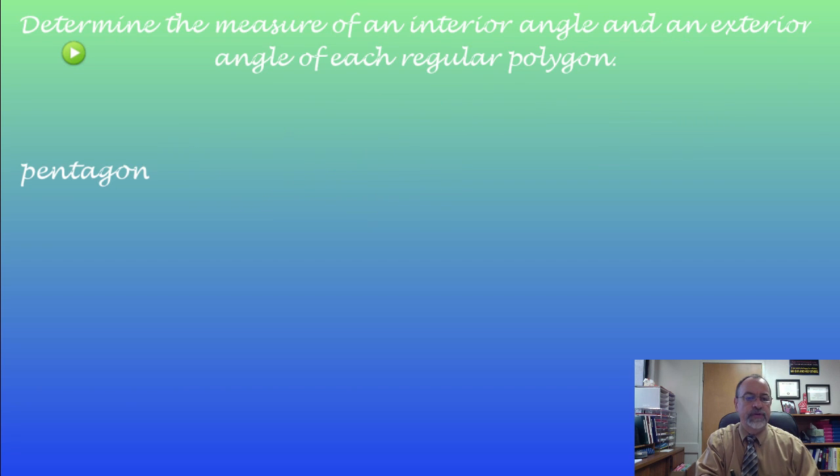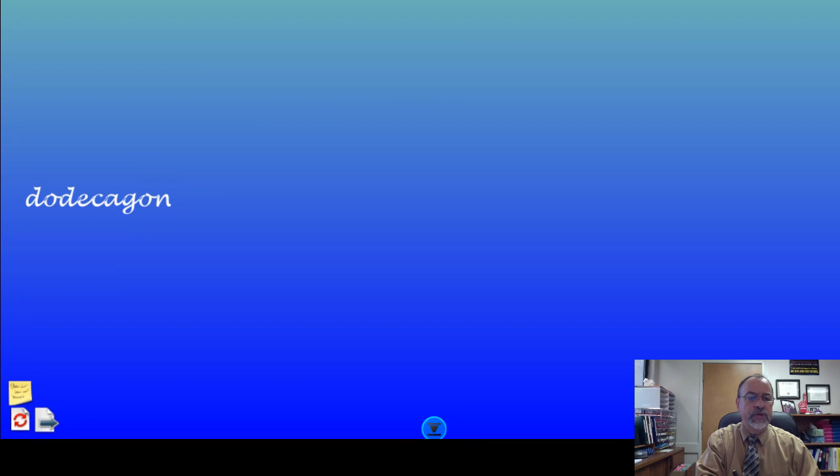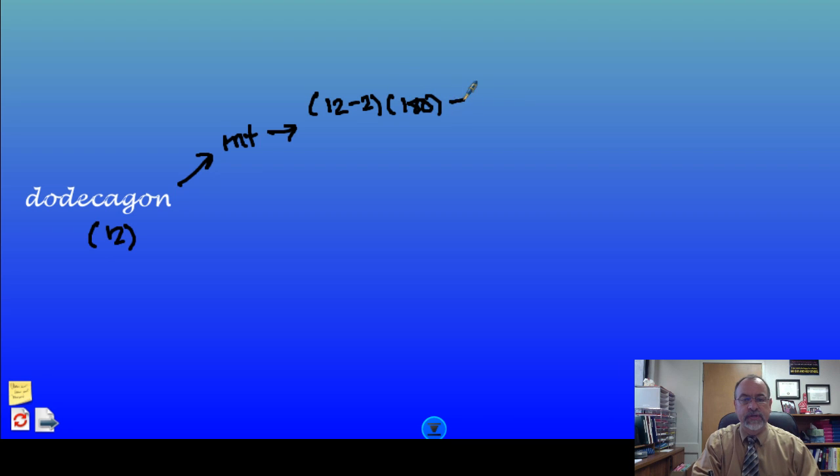So let me do another one for you. What about a dodecagon? Well, a dodecagon, you remember, is 12 sides. So again, for the interior angle, I need to know what the total is first. So there's 12 sides minus 2 times 180. So that's 10 times 180, for a total of 1,800 degrees.